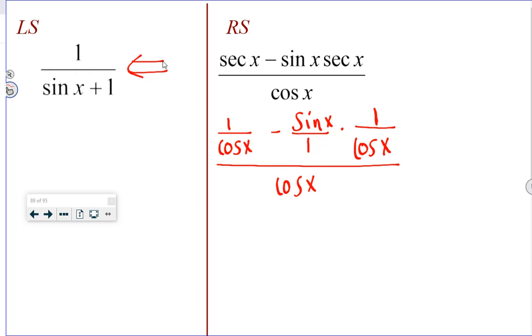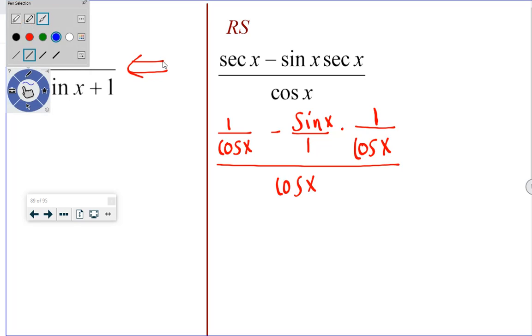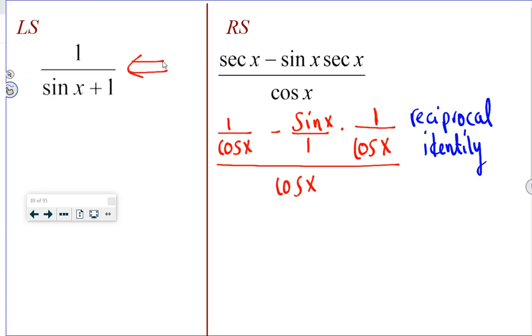I need to address the identities that I used, which would be, well, I only used one. It's a reciprocal identity. And now, here's poor planning on my part. You see where I wrote reciprocal identity?